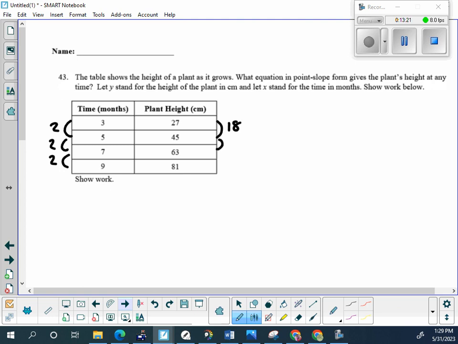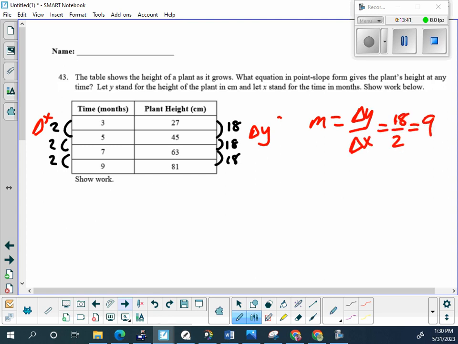These are all 18's. So this is my change in y over here, and this is my change in x over here. So my slope, which is change in y over change in x, is 18 over 2, which is 9. So m is 9. That's one answer.